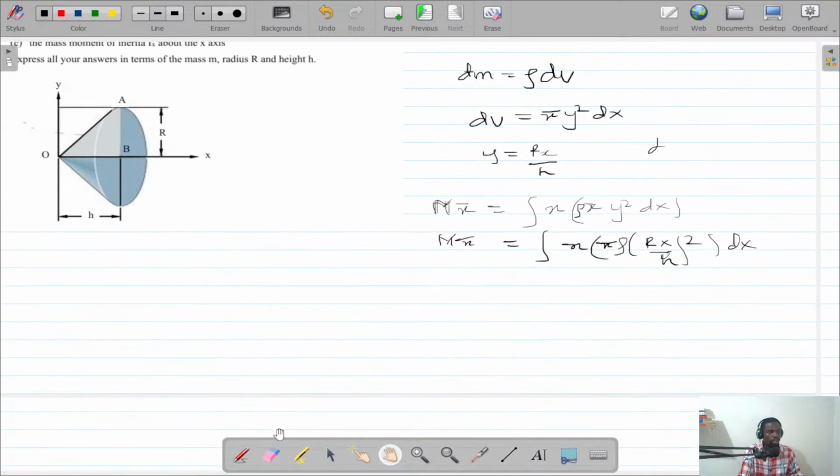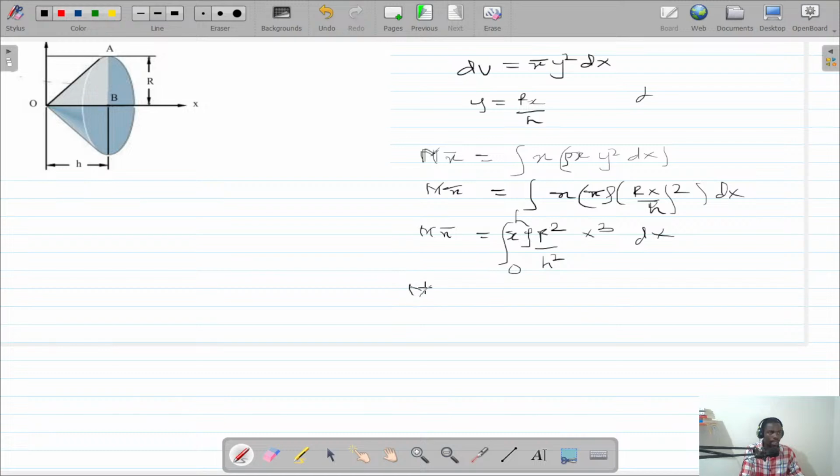So we can say that m x bar is equal to, rho pi is constant, r squared h squared, they are all constant, so we have pi rho r squared on h squared multiplying x cubed. You see this x here is power 2, so they become x cubed dx. Then you bring the integral from 0 to h.